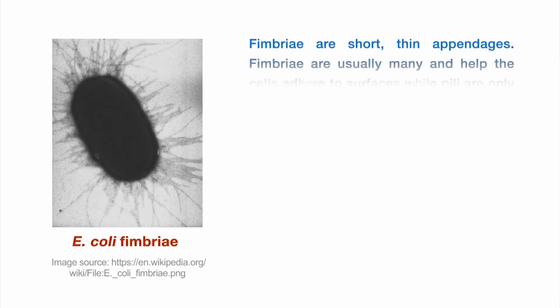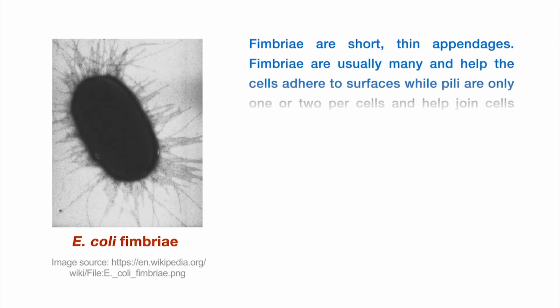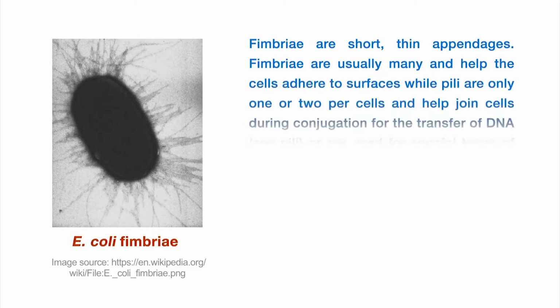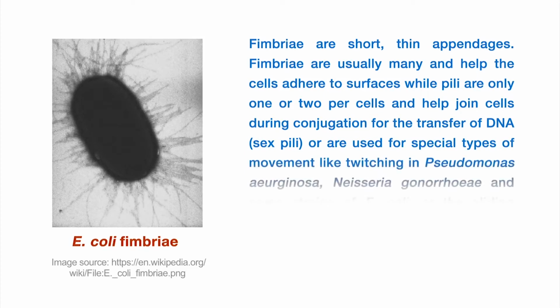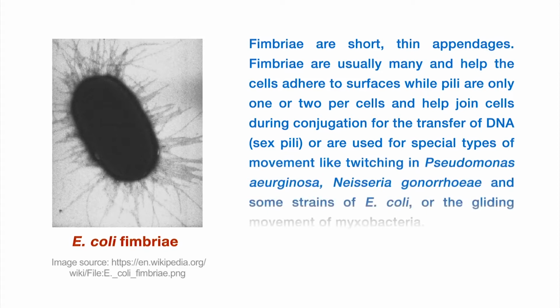Fimbriae are usually many and help the cells adhere to surfaces, while pili are only one or two per cell and help join cells during conjugation for the transfer of DNA as sex pili, or are used for special types of movement like twitching in Pseudomonas aeruginosa, Neisseria gonorrhoeae and some strains of E. coli, or the gliding movement of myxobacteria.